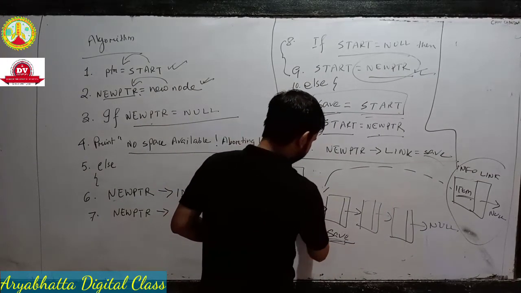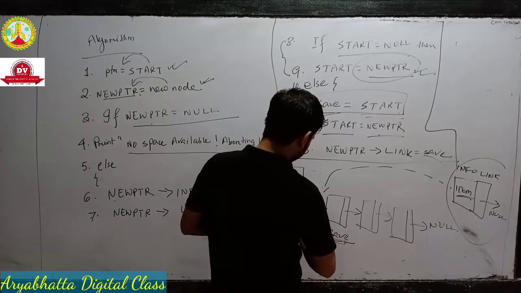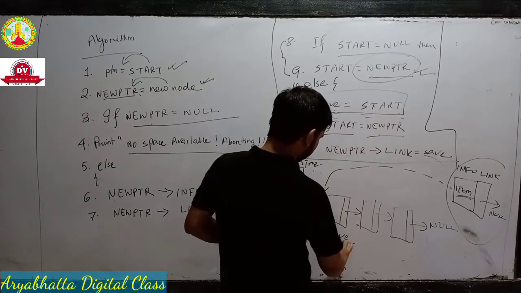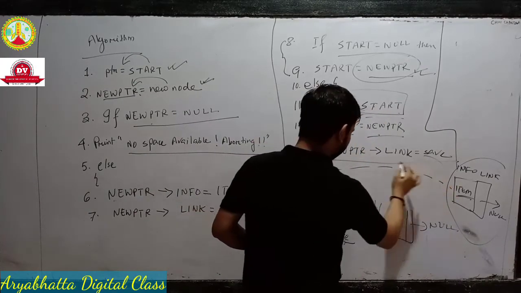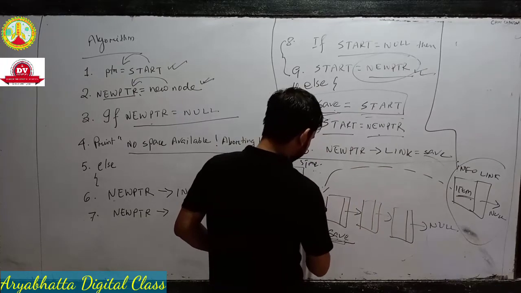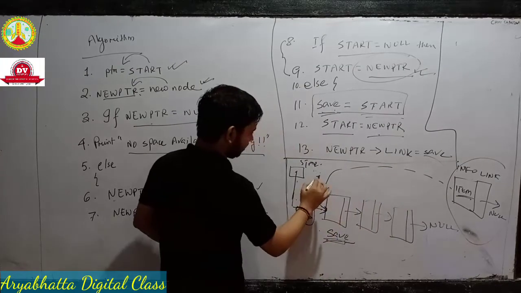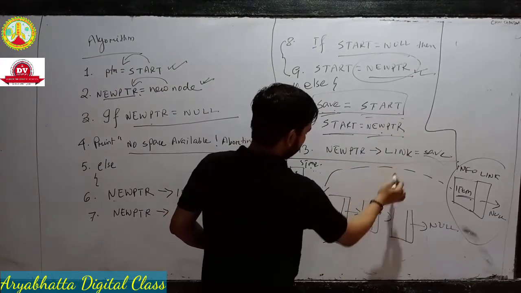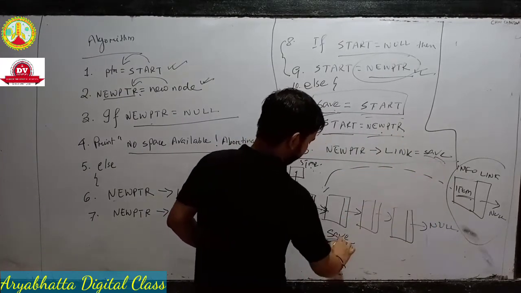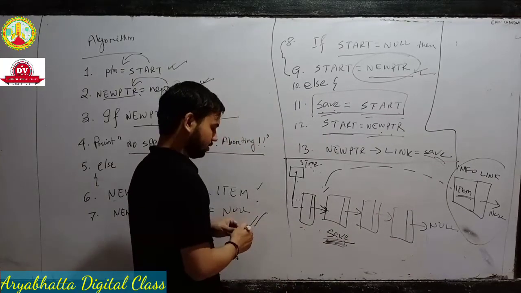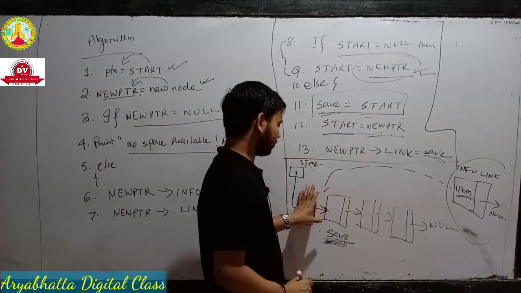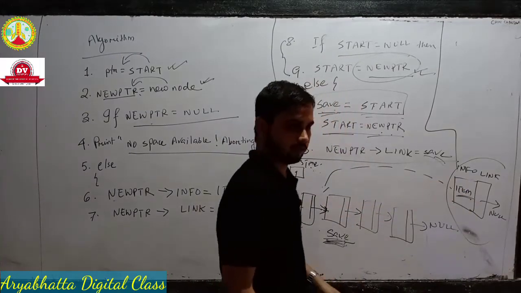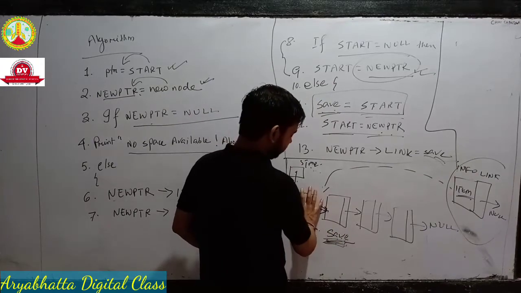Again I am saying the last part. Suppose this is a linked list, and start is equal to save, start points to this. After adding the new node, start is now equal to new PTR, and new PTR link goes to the first node's memory address, which is save.